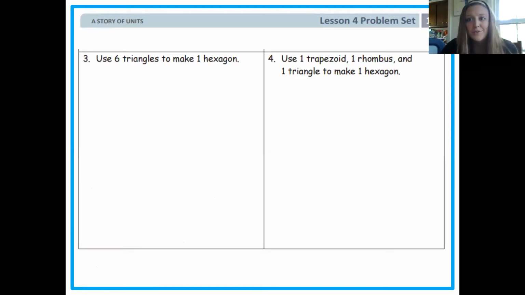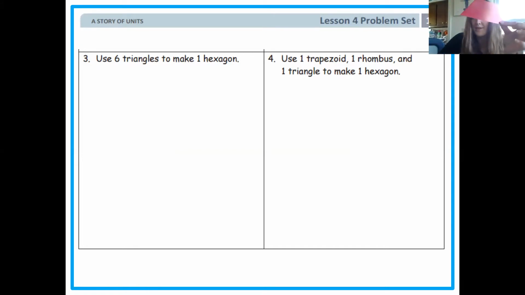So draw it out. It's okay if your drawings aren't perfect. Just try your best. You can use 1 trapezoid and 1 rhombus and a triangle to make a hexagon, right? So get creative, think about what you're doing as you draw to see if you are able to make some of these composite shapes, okay?